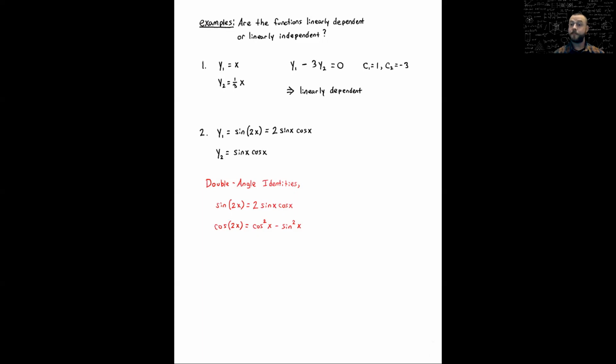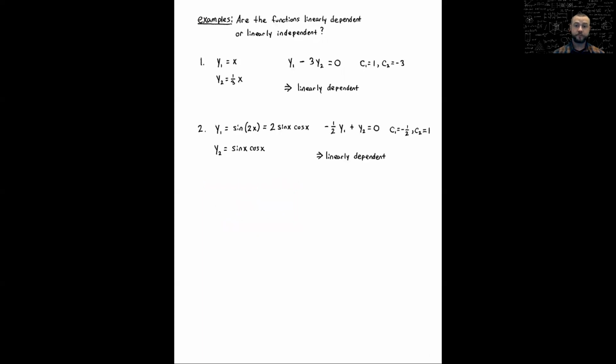Now, see if you can pause and find those two non-zero constants. All right, again, there are a lot of different possible sets of constants that work. A simple set here, let's take C1 as -1/2 and then C2 as 1. If you use those two constants, multiply them to y1 and y2 and then add, you do get 0.